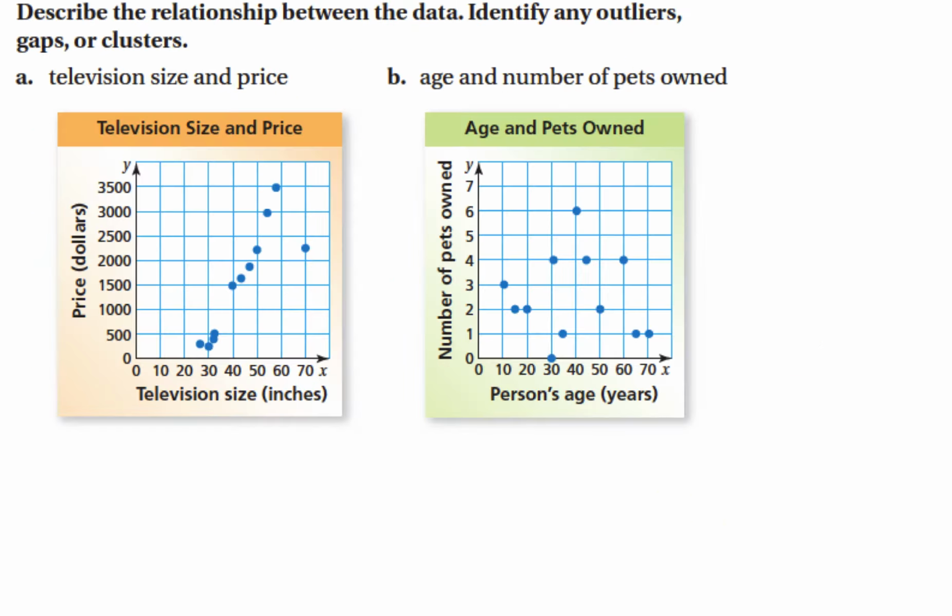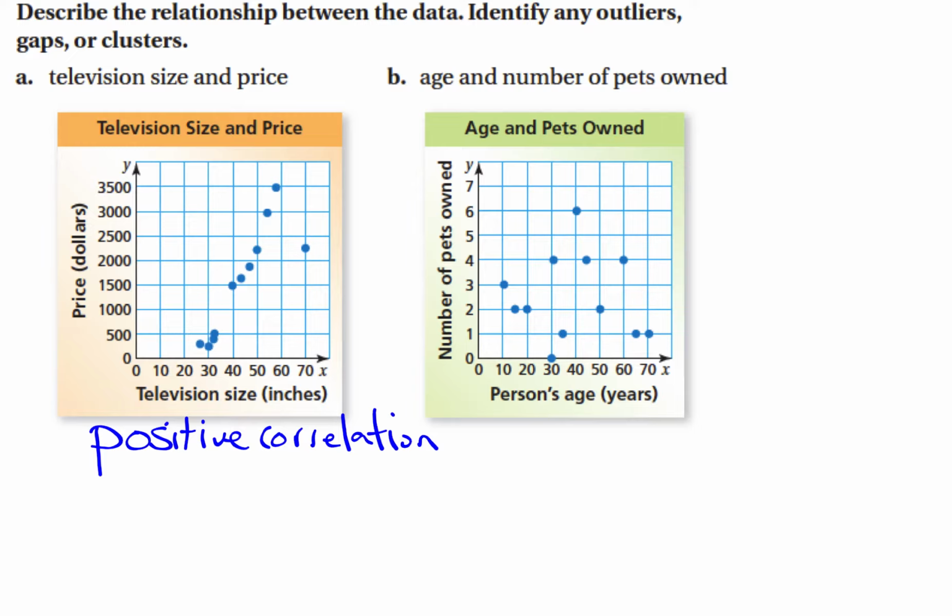Okay, describe the relationship between the data, identify any outliers, gaps, or clusters. You're going to be doing this type of thing on your practice. The television size and price. On this, it is definitely a positive relationship or a positive correlation. Now, I'm not going to write out the sentence that we would describe it with.